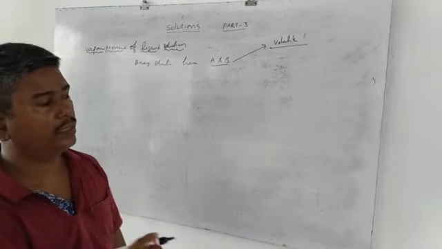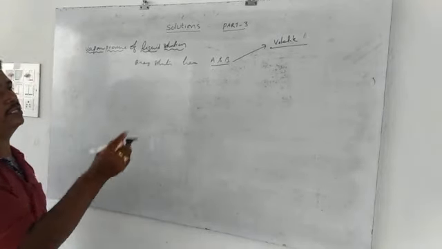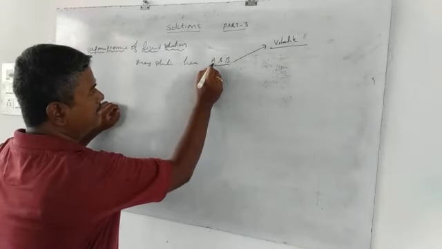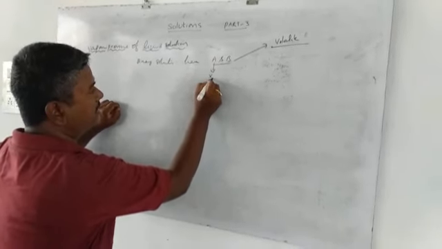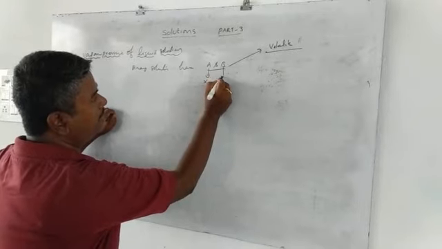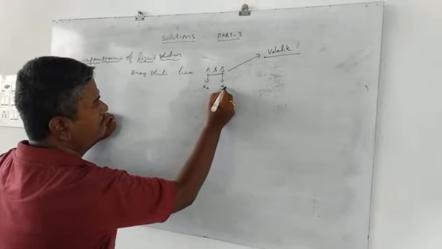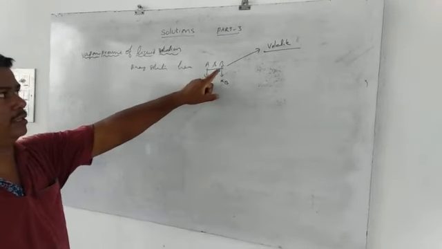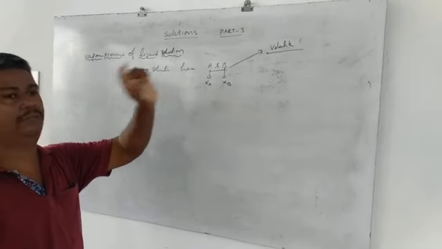So if these two volatile liquids make a solution, the component A mole fraction is XA and the component B mole fraction is XB.